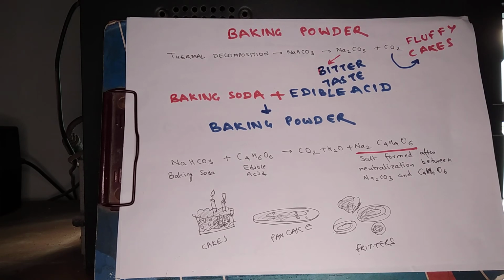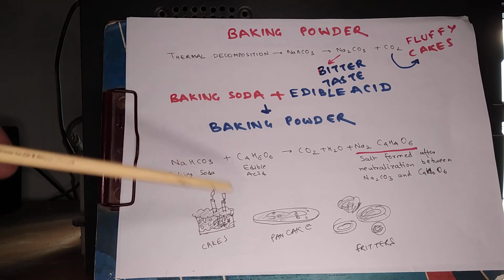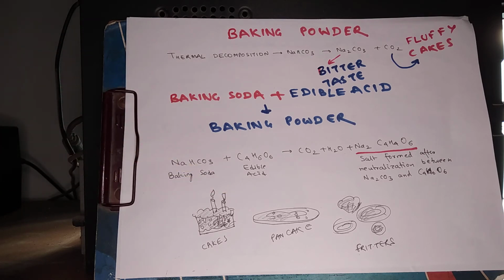Now when baking powder, that is baking soda plus edible acid, is heated, it gives carbon dioxide and water, plus the sodium carbonate undergoes a neutralization reaction with the edible acid to make a salt. So now the problem of sodium carbonate has been removed and the problem of bitter taste has also been removed. So now you get fluffy cakes or fritters or pancakes without the bitter taste.